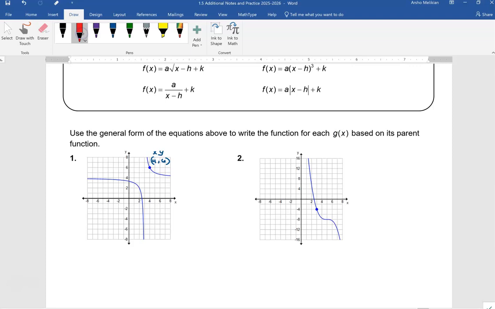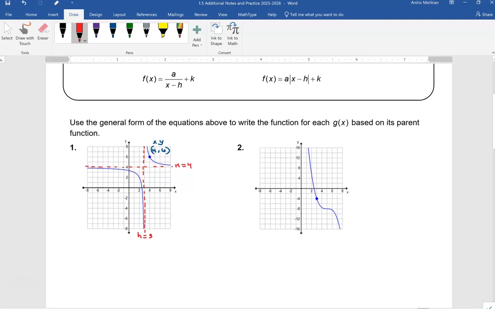The horizontal asymptote is now at y equals 4, and the vertical asymptote is at x equals 3. So let's say the h is 3 and the k is 4.